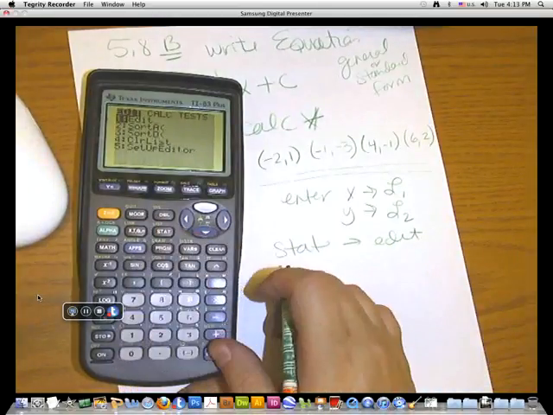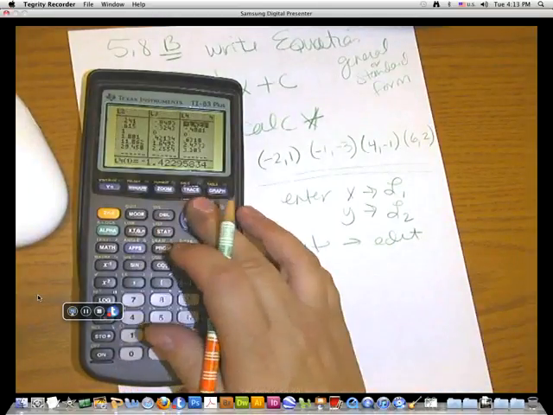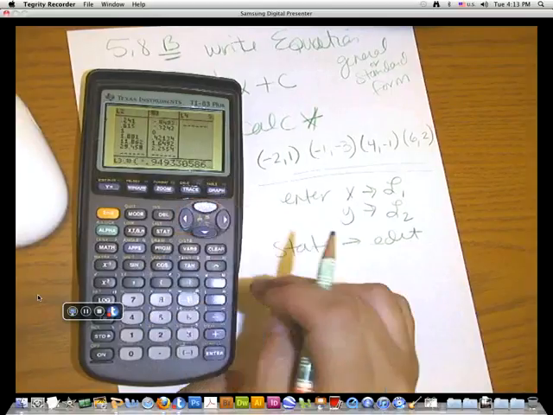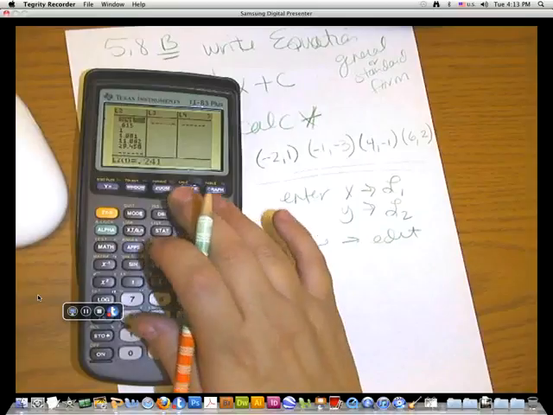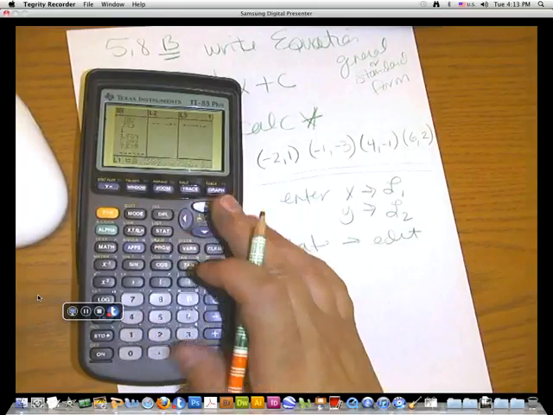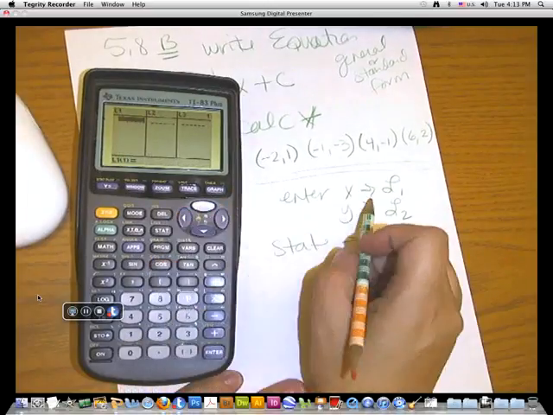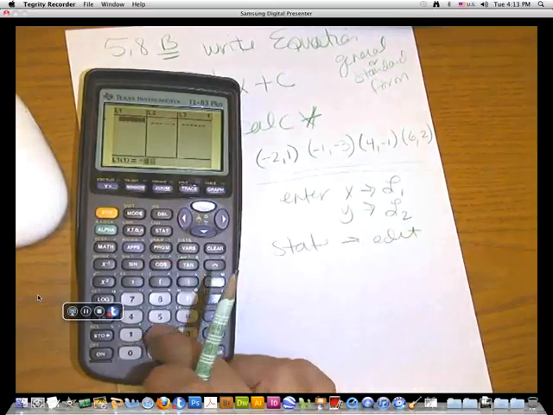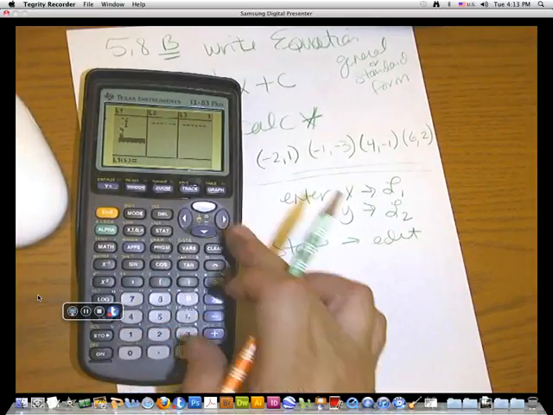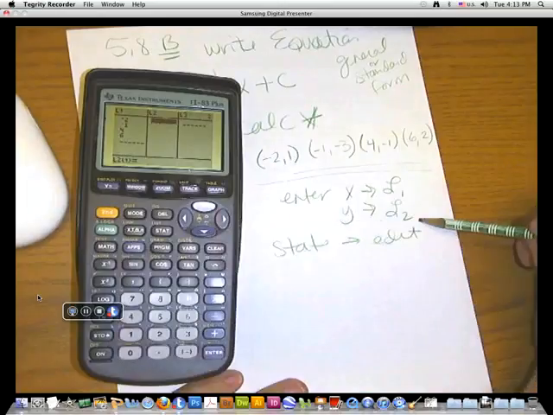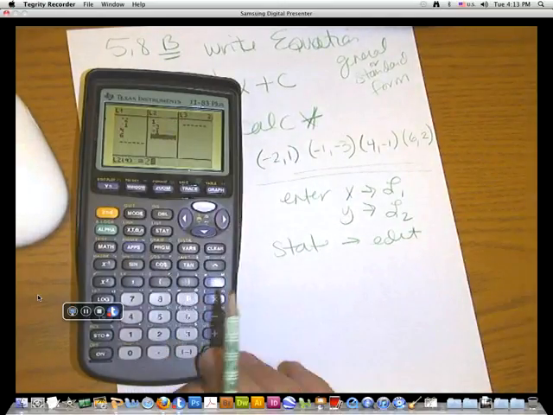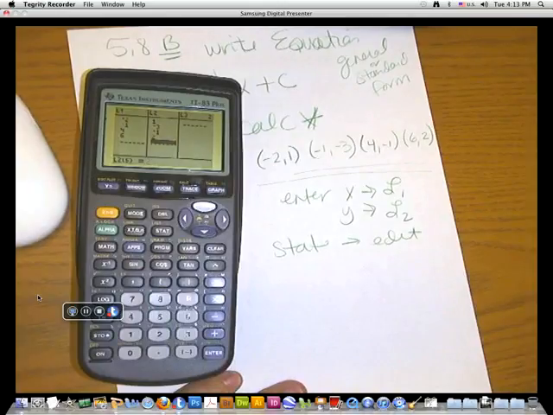Now keep in mind, we do want to make sure that we are on L1 and L2. If there's something there, go ahead and clear them out. We want to put our x values into L1, so that means -2, -1, 4, and 6. And we want to put our y values into L2, so that's 1, -3, -1, and 2.